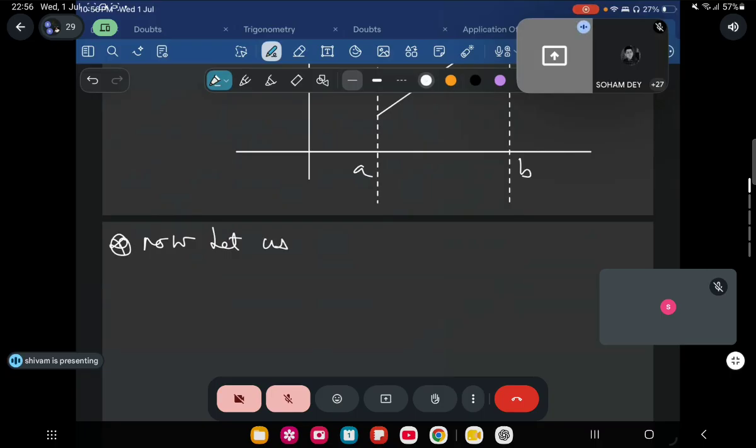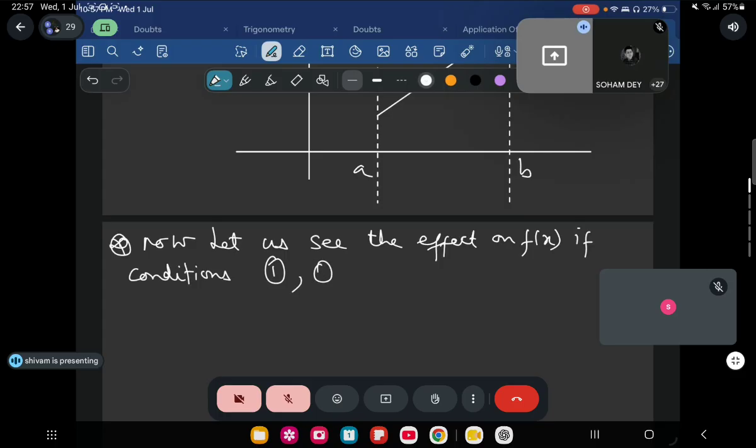Okay. Now let us see the effect on f of x if conditions 1, 3 are satisfied, but condition number 2 does not satisfy.